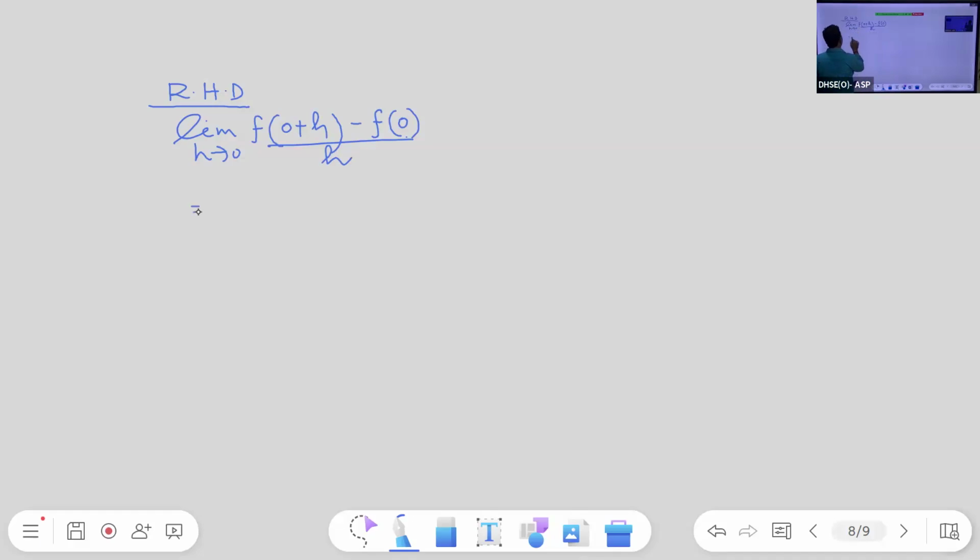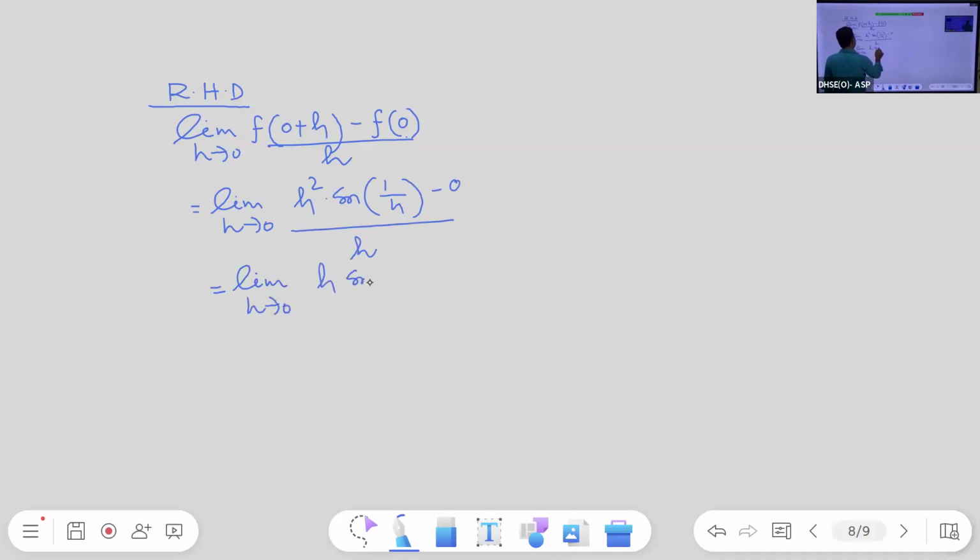This is equal to the limit as h approaches 0 of h square sine of 1 upon h minus f of 0, which is 0 as given in the function, upon h. This is equal to the limit as h approaches 0 of h into sine of 1 upon h, which is equal to 0.